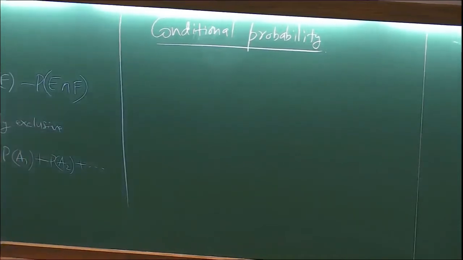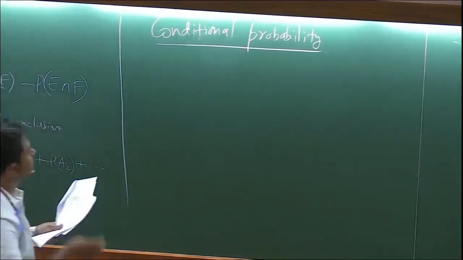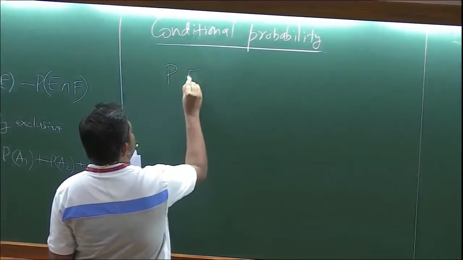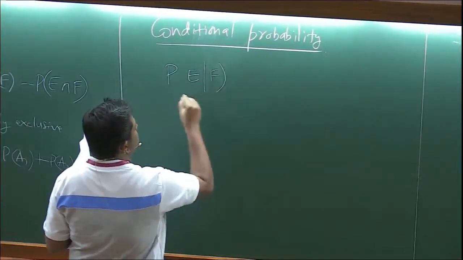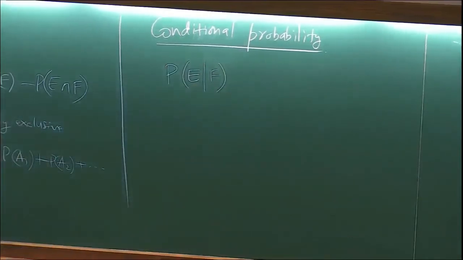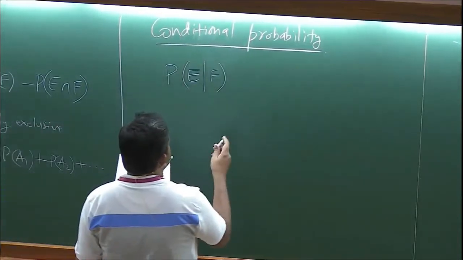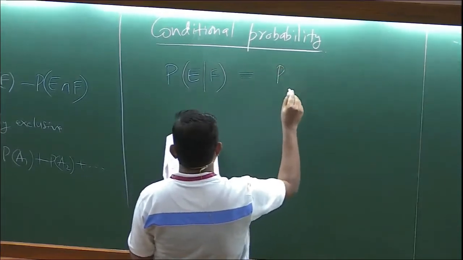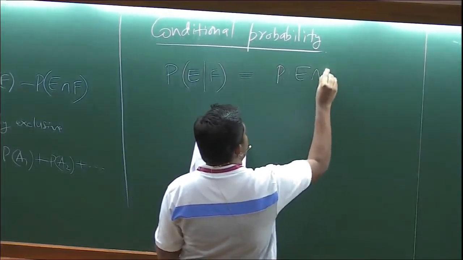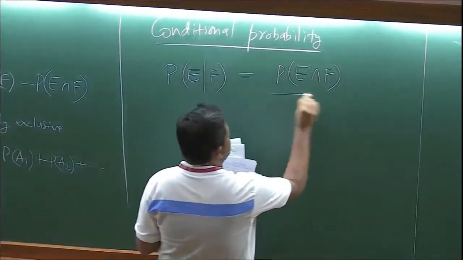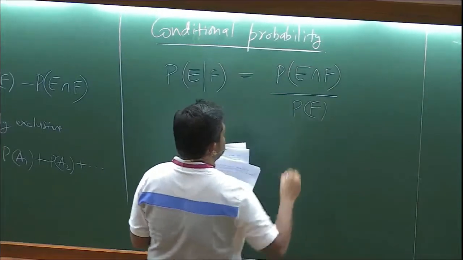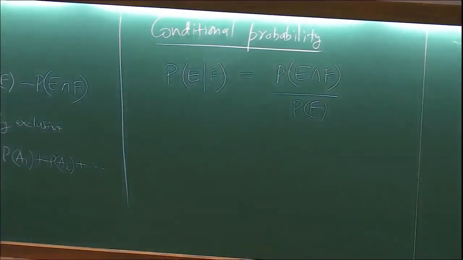If you have an event F, and you want to find the probability of event E occurring, given that the event F has occurred, this is called the conditional probability of E given F. You can immediately see it should be the probability of the intersection of E and F, that is both E and F occurring simultaneously, scaled by the probability of F occurring alone.